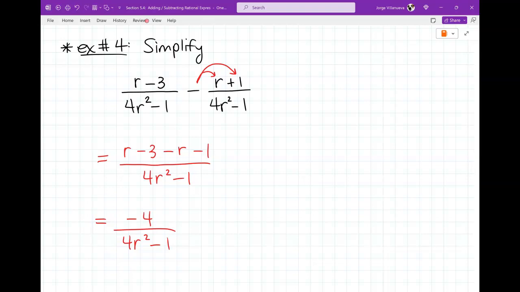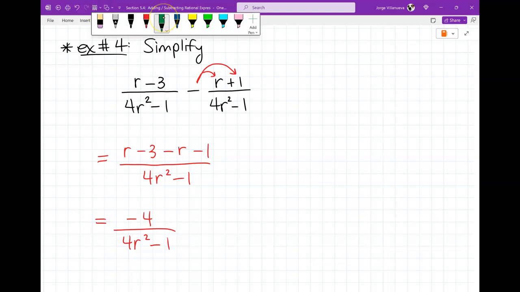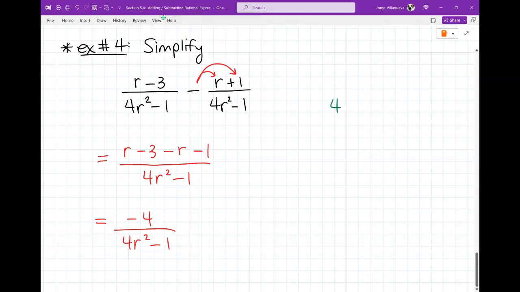But again, since it says simplify, we're supposed to try to break this down as much as possible. And I know that 4r squared minus 1 is a difference of two squares. So let me write it out really quick. So 4r squared minus 1 is the same as, let me put this right here, 2r quantity squared. That gives me 4r squared. And then 1 quantity squared gives me 1.